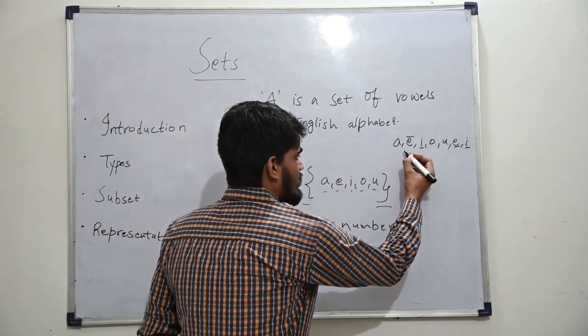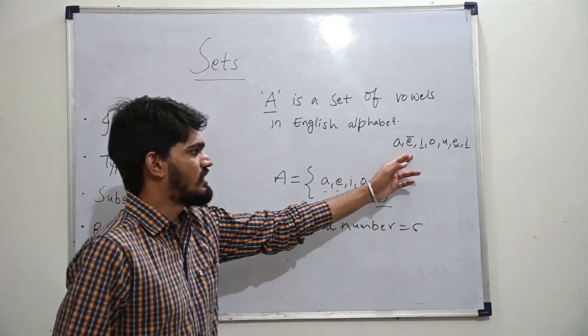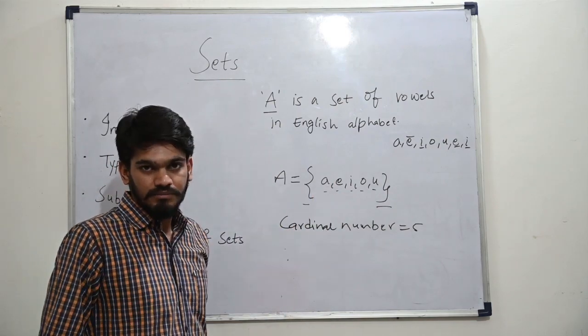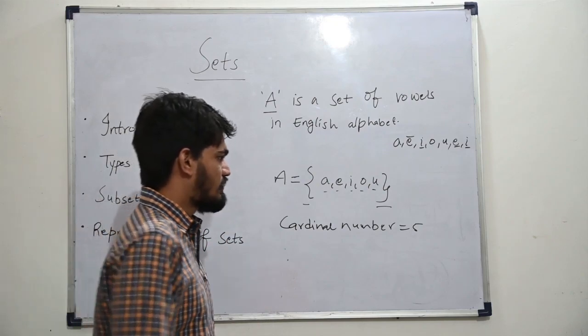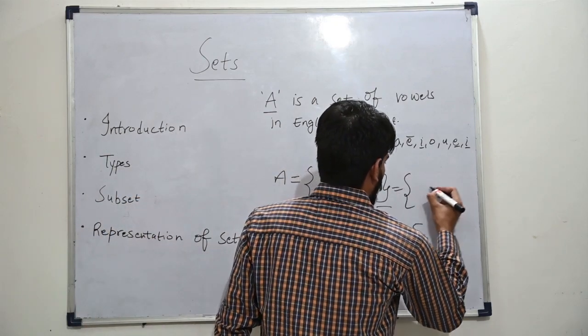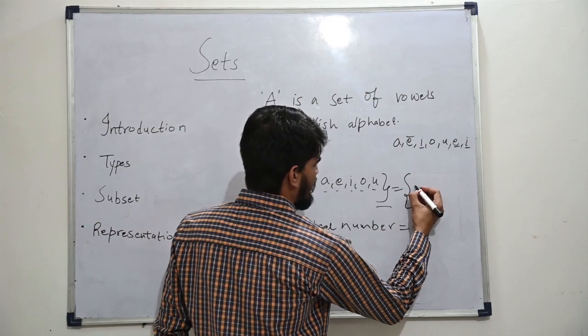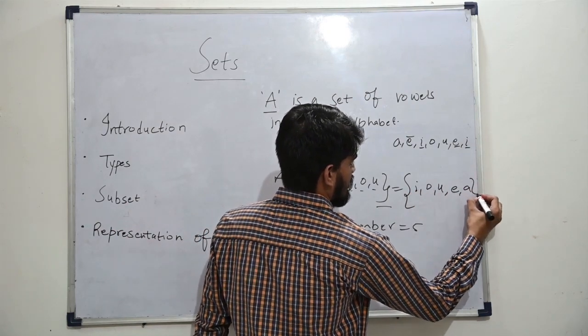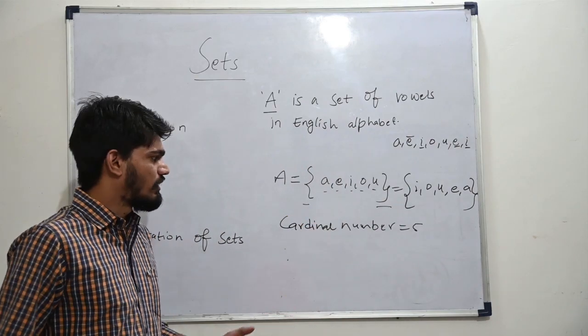So I'll just write A, E, I, O, U. This E and I will not repeat. And their order can be different as well. So I'm writing A, E, I, O, U, I can write it as I, O, U, E, A. That is also the same thing.